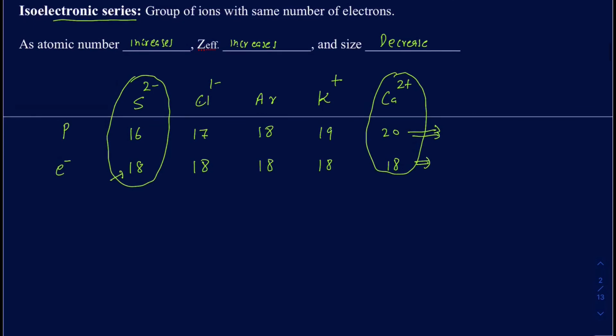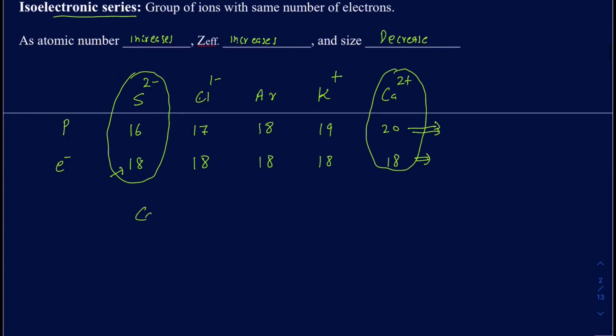So when I'm writing down their order, I would say calcium 2 plus is going to be the smallest in size, followed by potassium plus, and then argon is going to be neutral, but then you will have chloride being bigger, and then sulfide is going to be the biggest out of all of those.